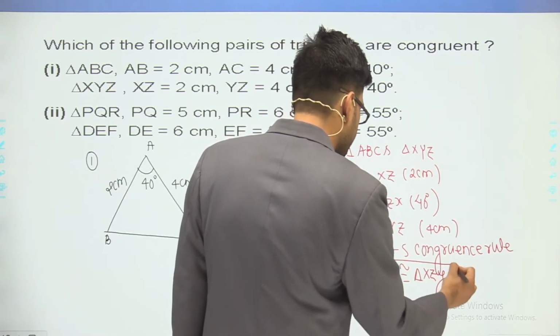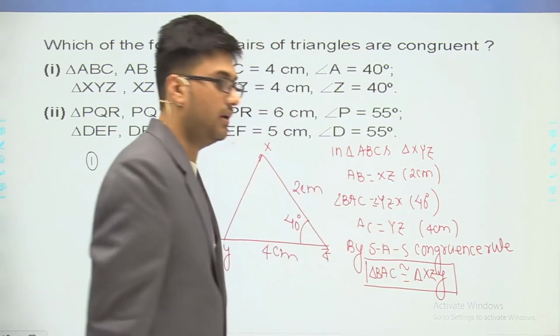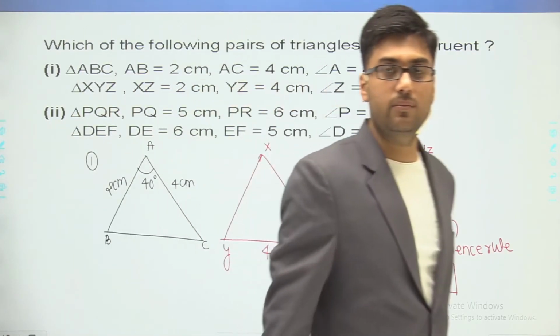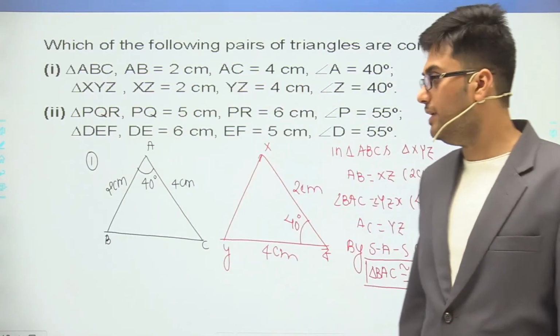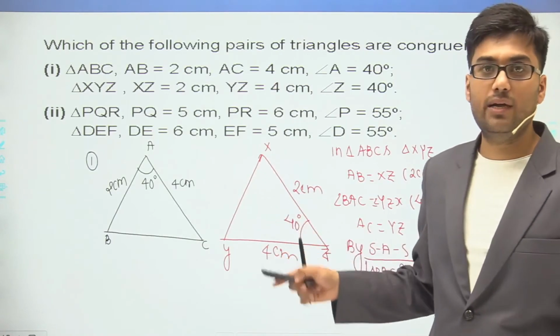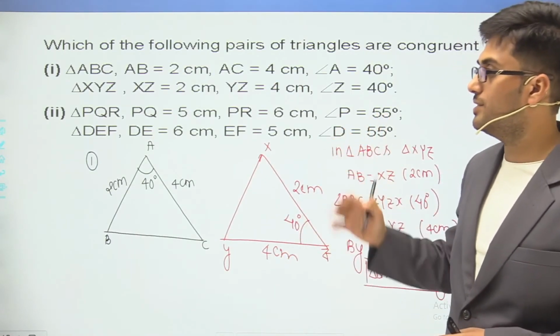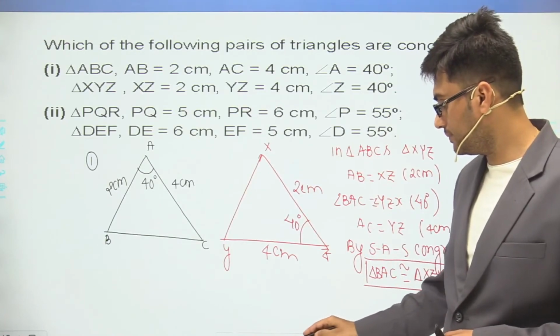And students, sometimes it is required to find the other angle or other side, then we can use the CPCT condition, corresponding parts of congruent triangles. So students, I hope you understand the first part of this question. Now let's check the second part.